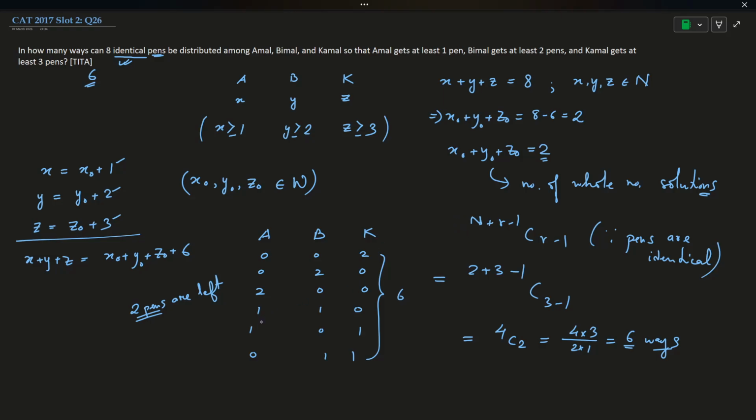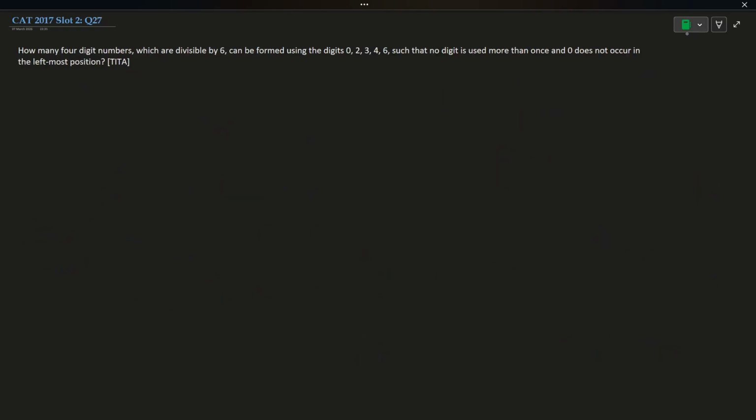Since the number is very small, you can use both methods, whichever you feel comfortable with. But when the numbers are big, it's always better to use the PNC method. Alright guys, I hope you have understood this question. This is not an easy question in my opinion. I would say easy to moderate. Okay, let's move on to the next question.